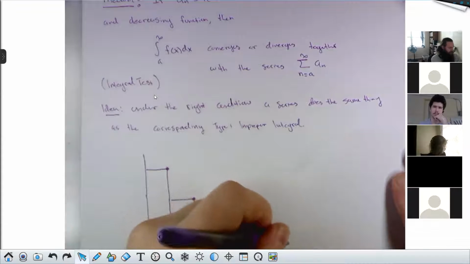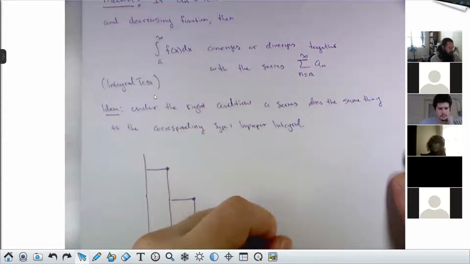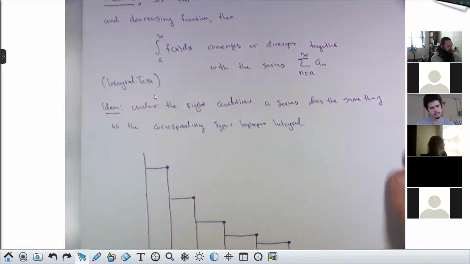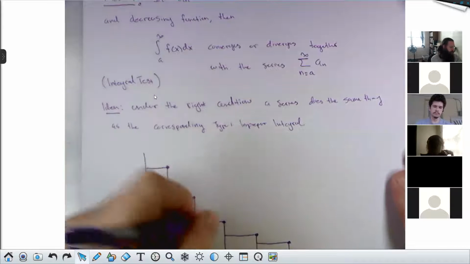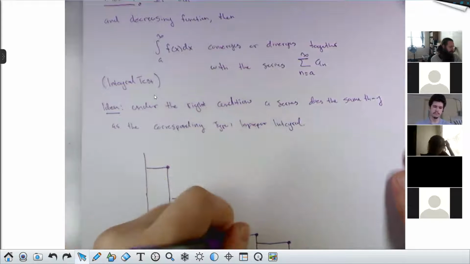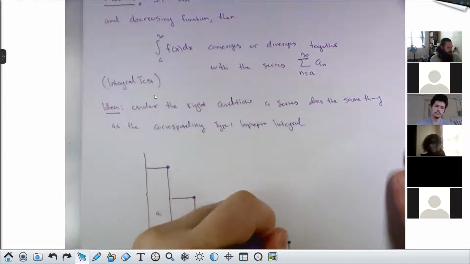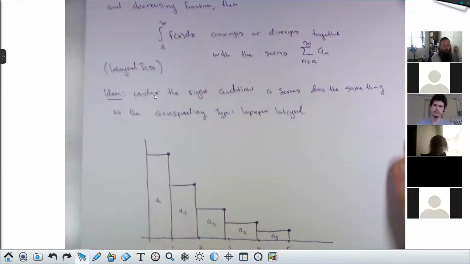And you have this pattern continuing. So the area of this first one would be a_1. The area of the second would be a_2. The area of the third would be a_3. The area of this one would be a_4. The area of this one would be a_5.